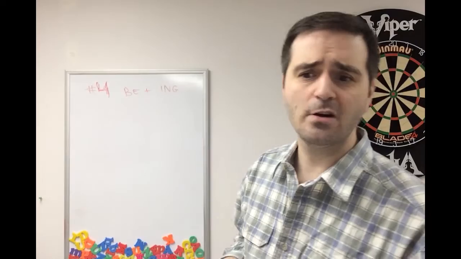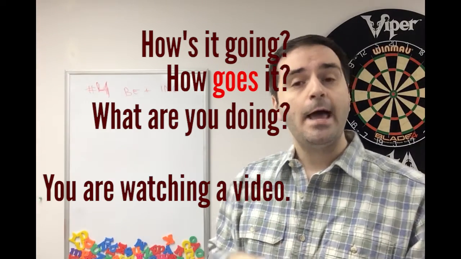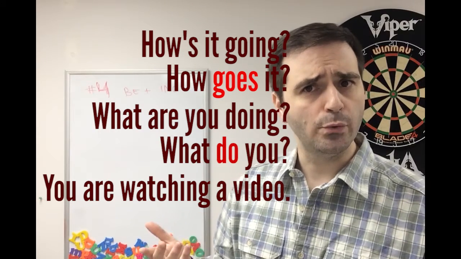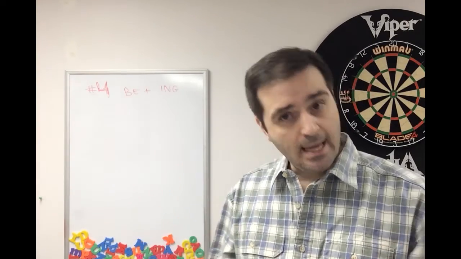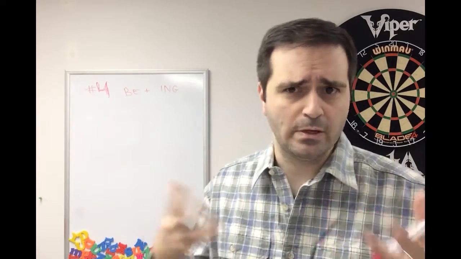We rarely use the official present tense to talk about what we're doing right now, but Shakespeare used it. He would say, how goes it? What do you? You watch a video. Sounds funny, but again, that's our actual official present tense, which we don't really use that much anymore. And guess what? Again, that's more like what's normal in other languages.